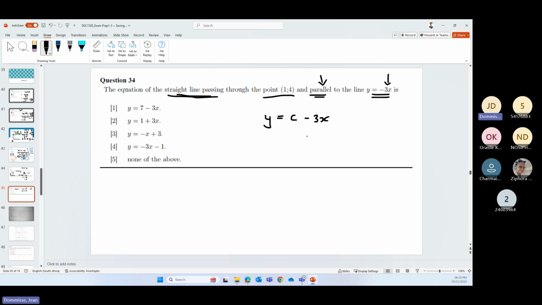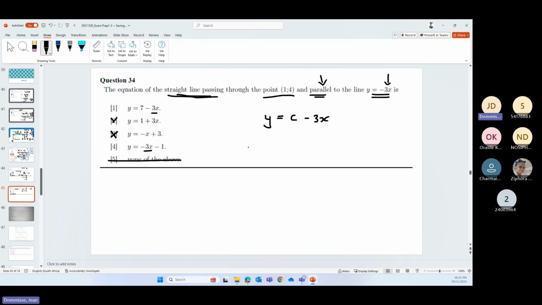So already I'm looking at these options and I'm like, okay, minus 3x, yes, plus 3x, no, minus x, no, minus 3x. So just by looking at the slope, we can identify which two options we are going to work with.